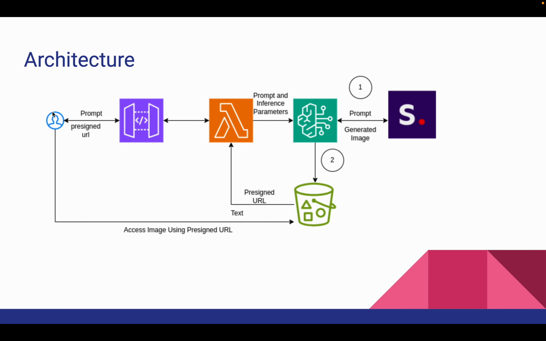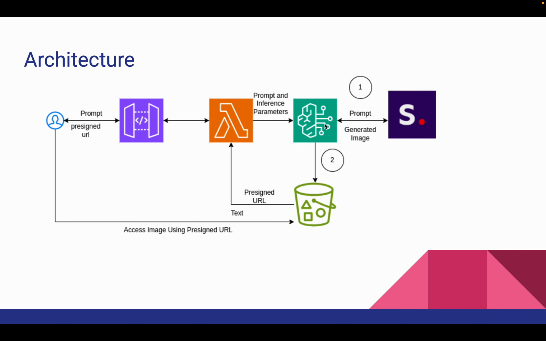Here we can see a user will be giving some input prompt, like running dog or running cat or anything that the client wants to generate the image for, and that will go to the API Gateway, and API Gateway will trigger an event to the Lambda function. In the Lambda function, we will be adding some inference parameters for AWS Bedrock. Then AWS Bedrock will be triggering Stability AI. So we will be using Stability AI to generate the images from the input prompt.